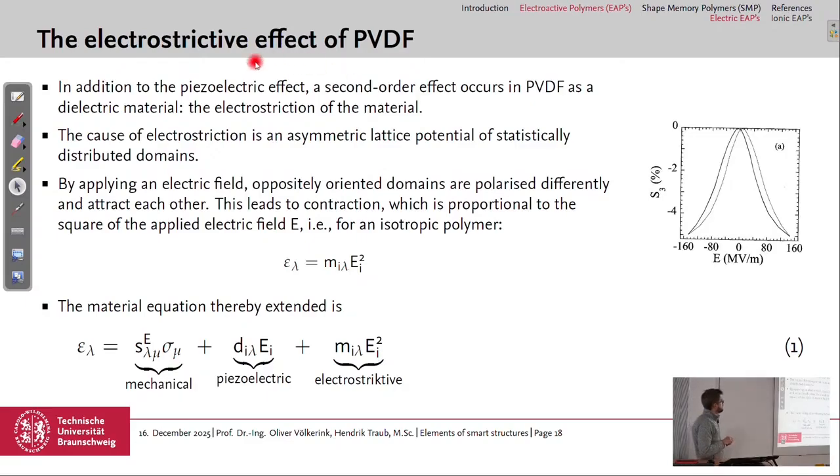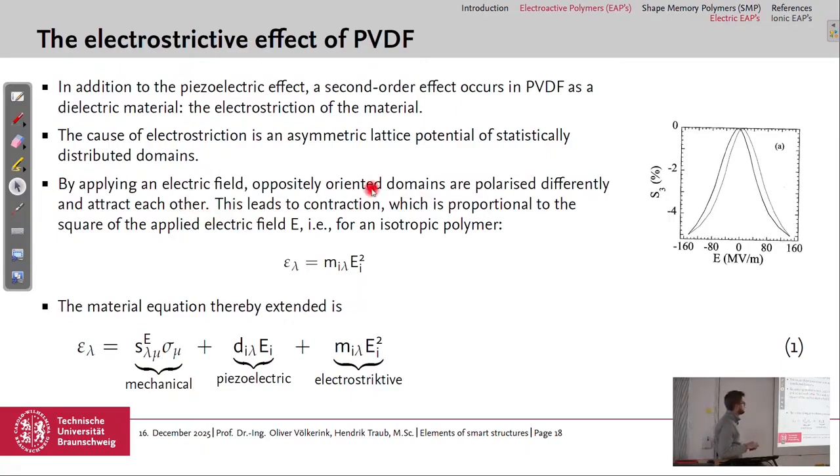There's also another effect, the electrostrictive effect, which is a second order effect. It is the electrostriction of the material, like a dielectric material, and it's caused by the asymmetric lattice potential of these distributed domains. By applying the electric field, oppositely oriented domains would attract each other, and this would lead to a contraction.